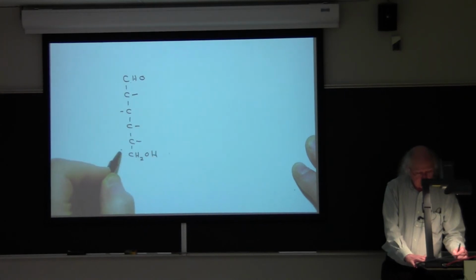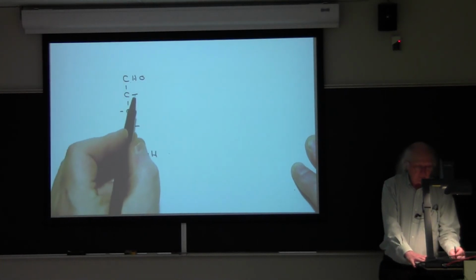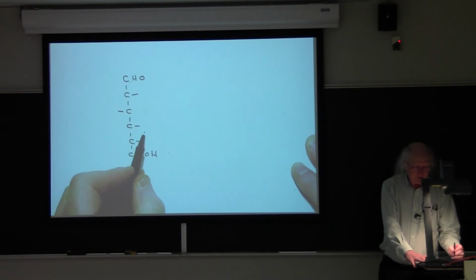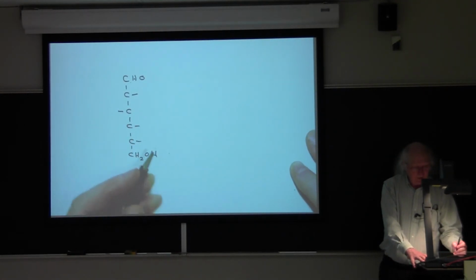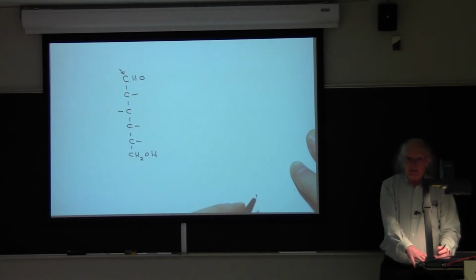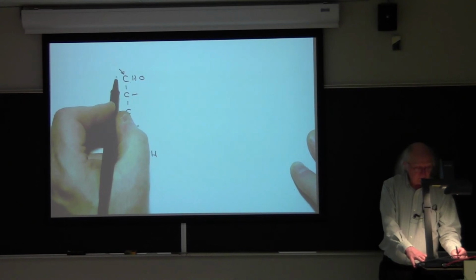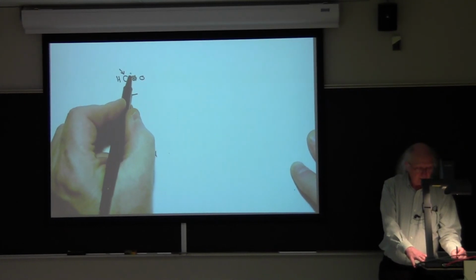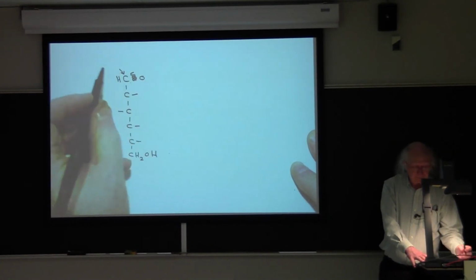In the Fischer form, 1, 2, 3, 4, 5, 6, where the hydroxyls are indicated by the bars on either side of the sugar. Notice that carbon number 1, which is right here, does not have any asymmetry because it only has 3 things attached to it: a hydrogen, a double bonded oxygen, and another carbon.